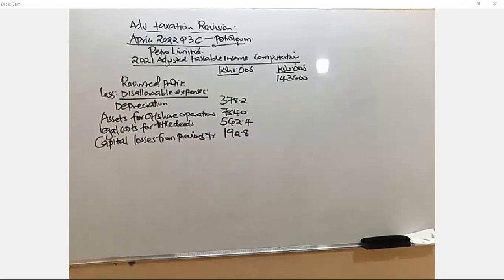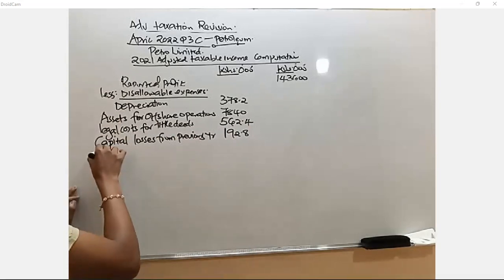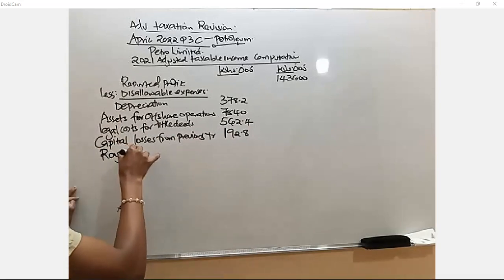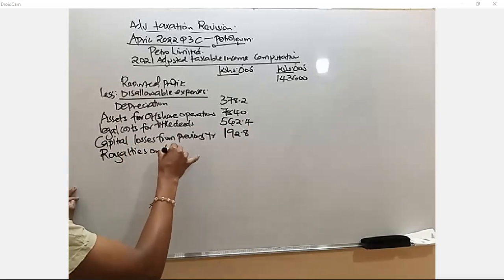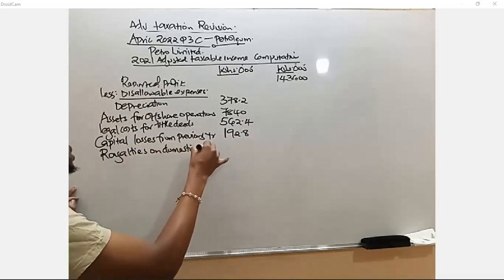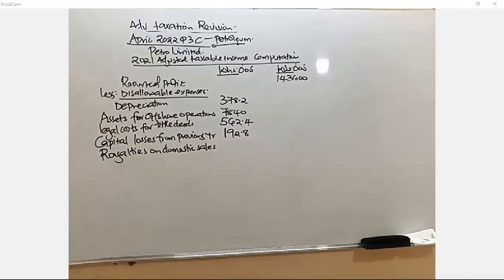Memorandum of understanding credit is allowable under this kind of taxation of petroleums. We have things like the royalties on domestic sales. They are disallowable. Royalties on domestic sales, their disallowable expense amounts to 3.6 million.